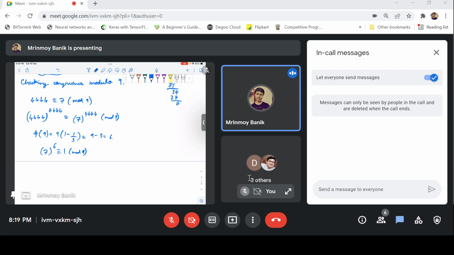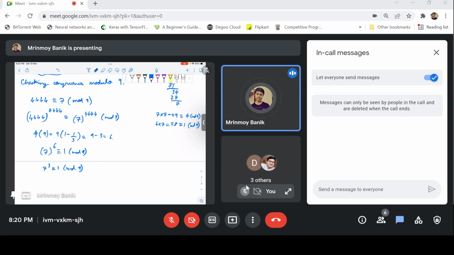We have to check. So let's check. 7 squared is 49. This is 4. 4 sevens are 28. Oh, actually, 7 power 3 is only 1 mod 9. So 7 power 6 will, of course, be 1 also.